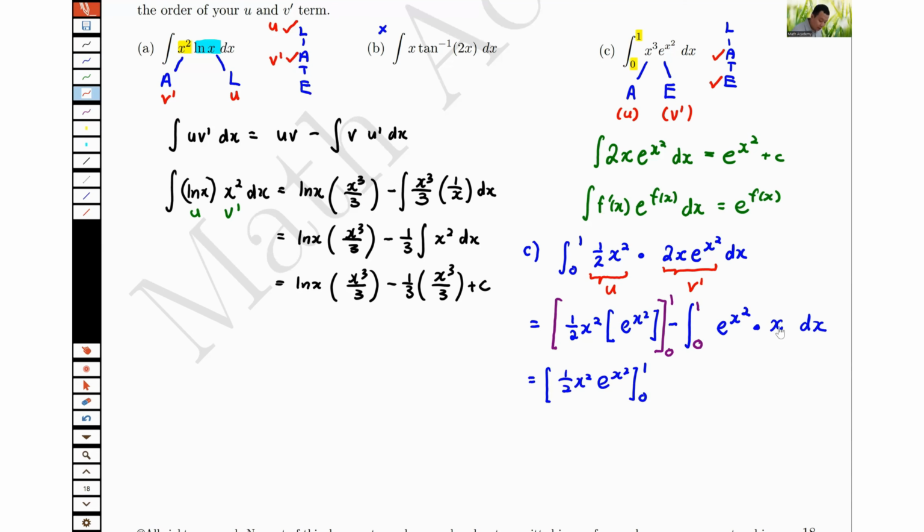How to integrate e^(x squared) times x? Again, back to the one in front. e^(x squared) times x, I need a 2 because I need the f prime to appear. So we should create a 2 here and we balance with a half. It might be a bit squeezy. You have to force in a 2, balance with a half, so that this term can be integrated 0, 1.